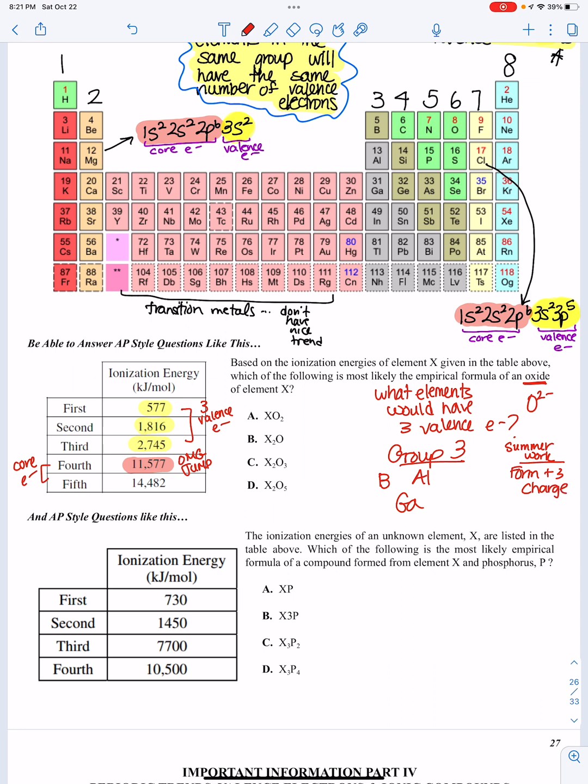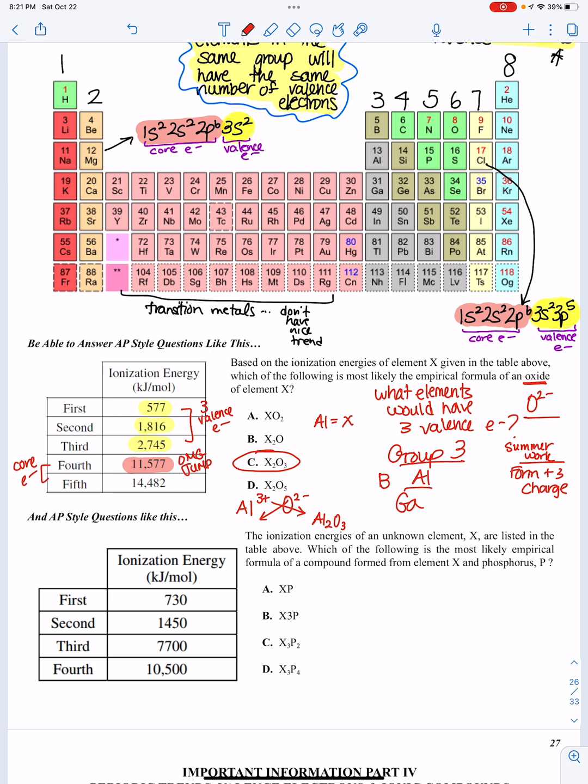So let's just do aluminum and oxygen because it wants an oxide. Aluminum is in group 3. It typically forms a +3 charge. Oxygen's -2. We could do that handy-dandy crisscross method to figure out the formula, Al2O3. If Al was equal to our unknown X, that means the correct answer would be C, X2O3.